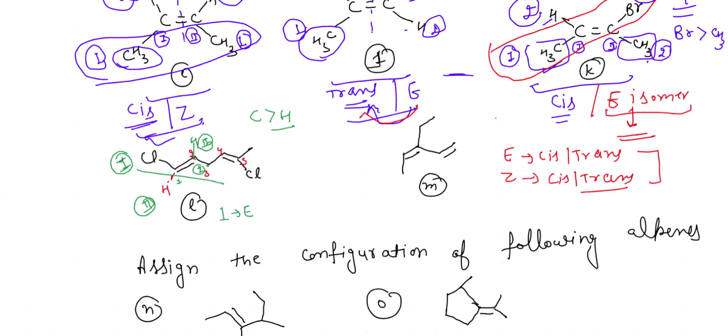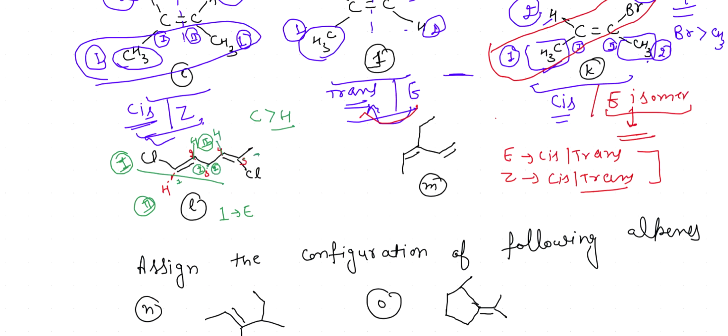If we discuss the geometrical isomer configuration of carbon number 4, of course, out of carbon and hydrogen, carbon is given more priority, so the carbon group is ranked higher than hydrogen. Carbon number 5 is attached to a methyl group and chlorine.